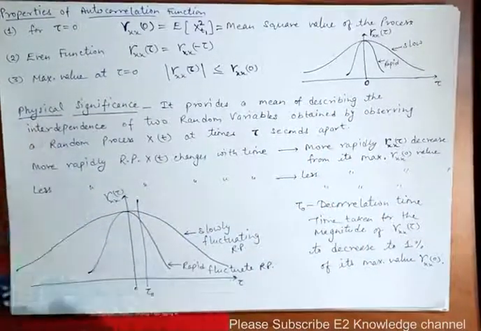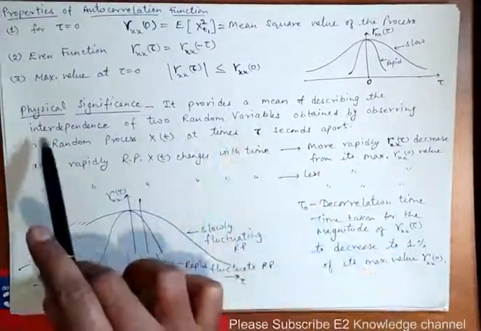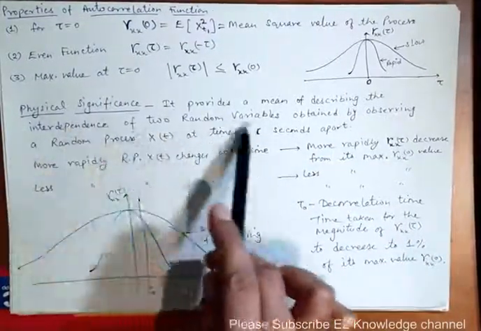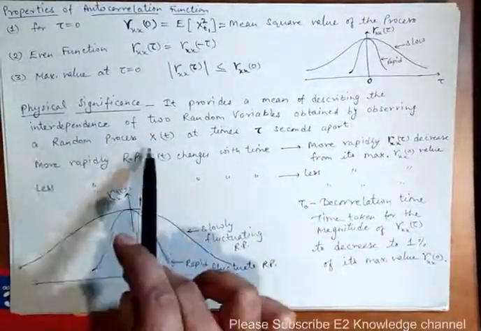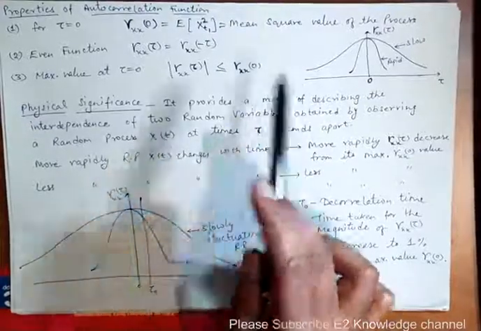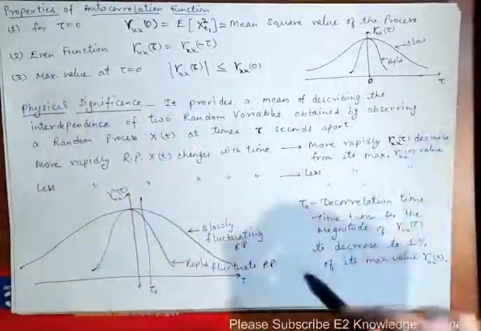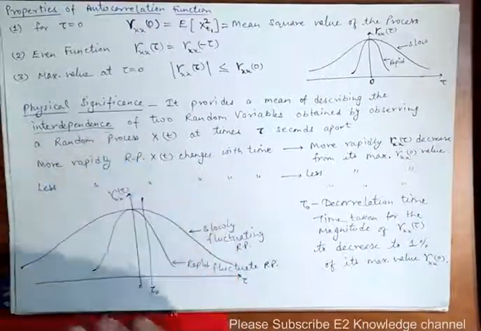Now what is the physical significance of the autocorrelation function? It provides a means of describing the interdependence of two random variables, obtained by observing the same random process x(t) at times tau seconds apart: two random variables x(t1) and x(t1 plus tau). That is how the random variables depend on each other.